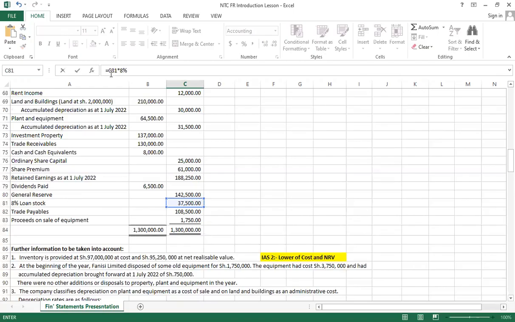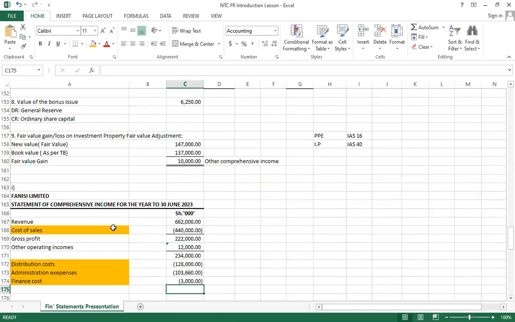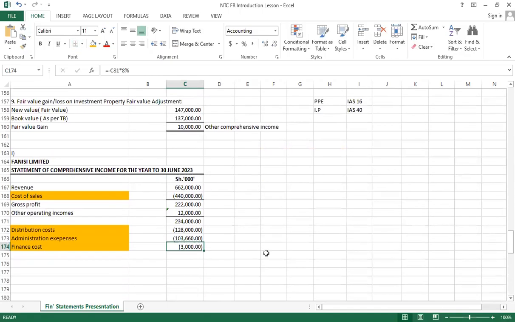I'll just put a minus before one of the 2 figures so that I have it as a negative in the P&L. That gives me about 3,000 shillings as the interest cost. The finance cost is our interest, so whenever you want it, look for your loan.